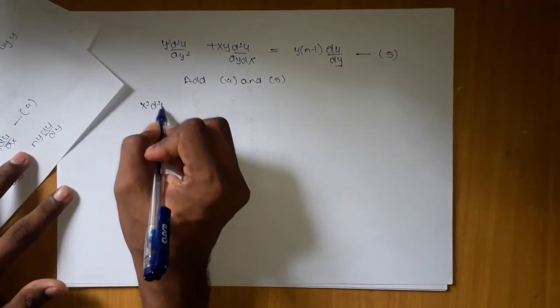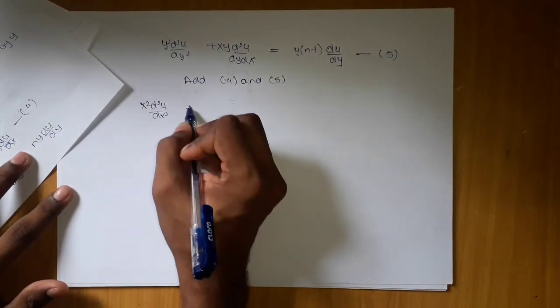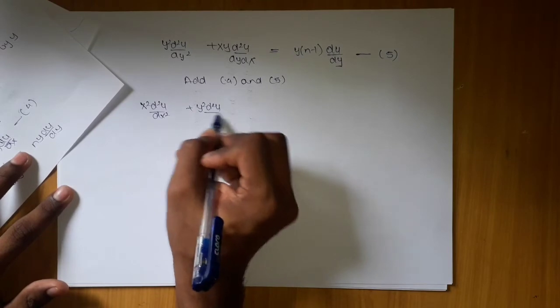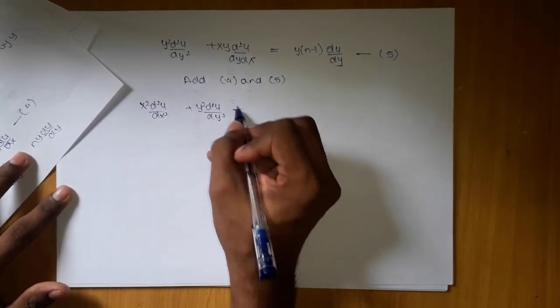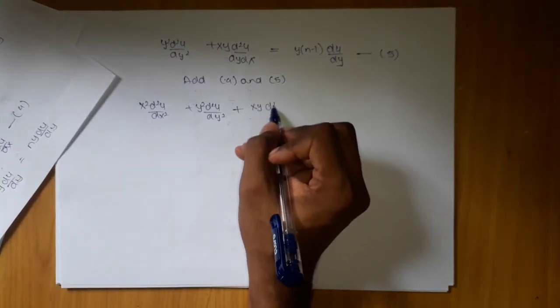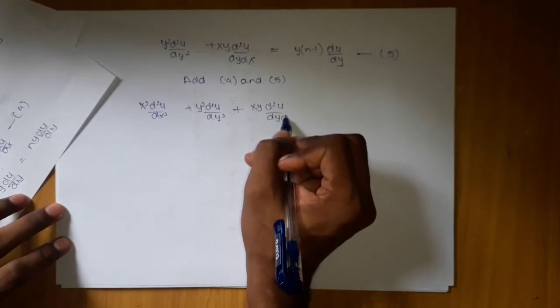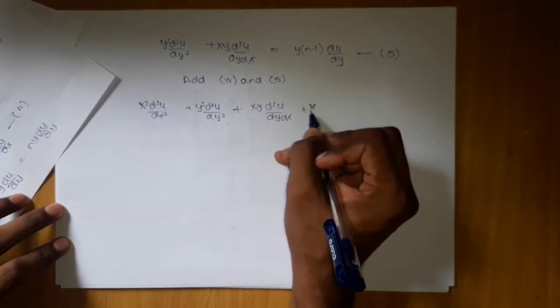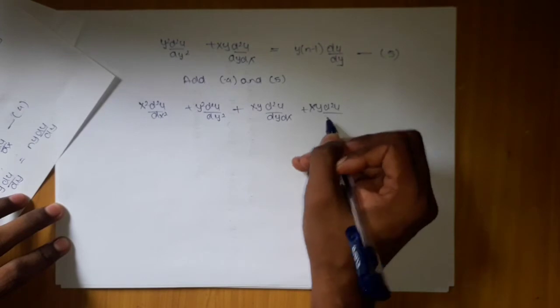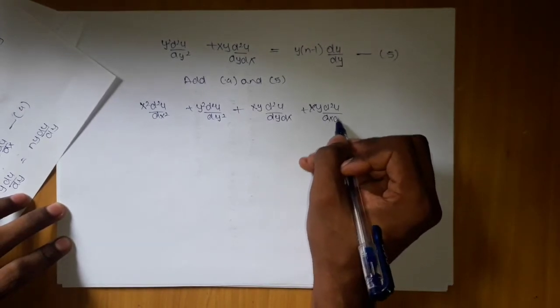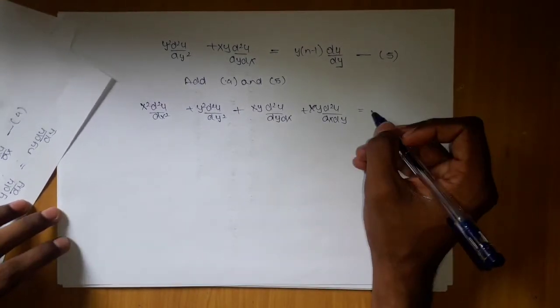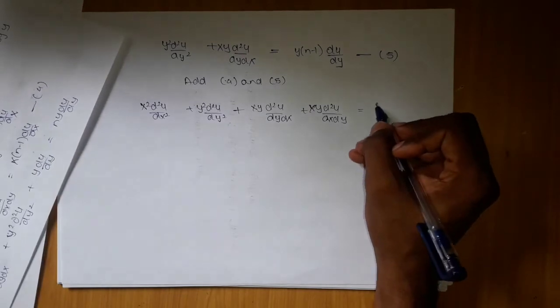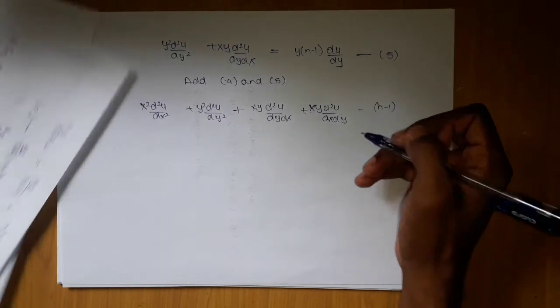What we get is x square dou square u by dou x square plus y square dou square u by dou y square plus xy dou square u by dou y dou x plus xy dou square u by dou x dou y equals, here n minus 1 will come outside.